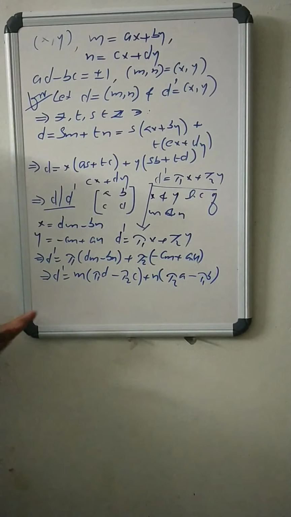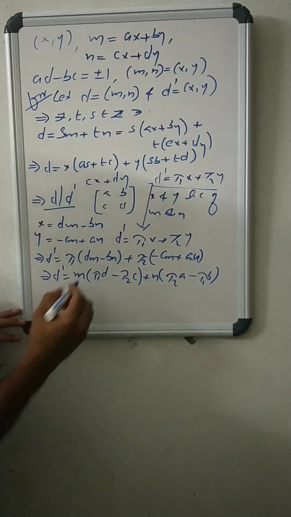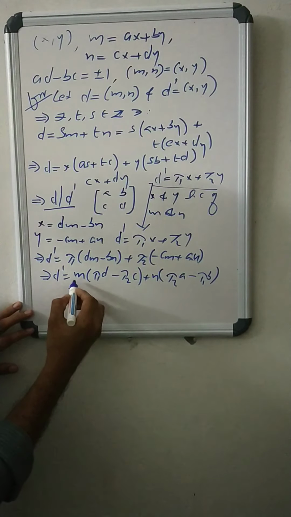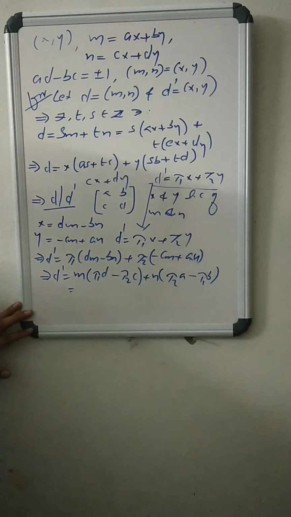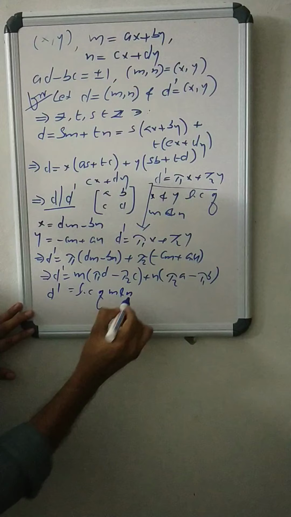Whatever may be, lambda 1, lambda 2, a, b, c, d are integers, so this is nothing but a linear combination of m and n. So d dash is a linear combination of m and n.